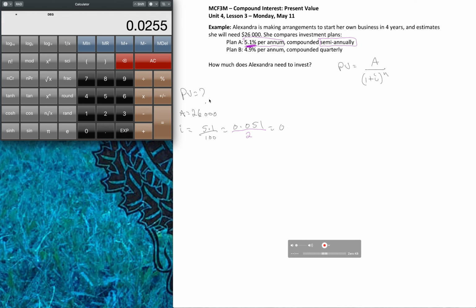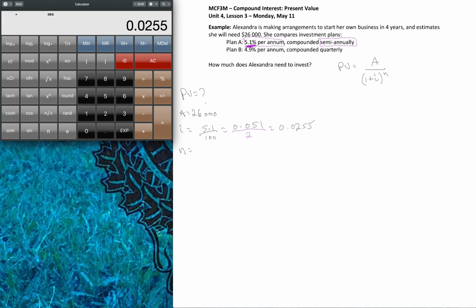So that's how much interest you're going to earn every compounding period. And if there's 2 of them, then you're going to get your total 5.1% interest for the year.